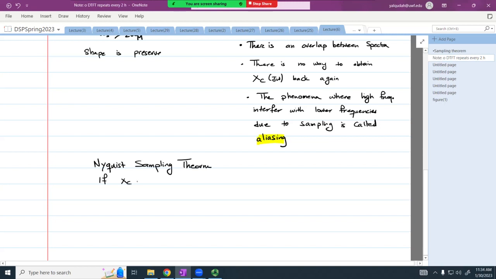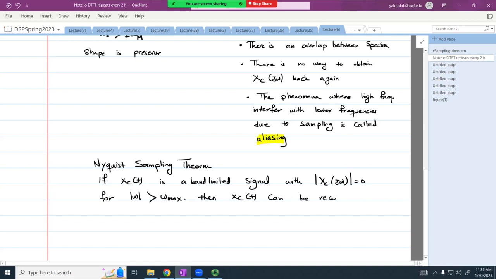That says if we have a signal x_c of t that is a band limited signal with x_c of j omega equal to 0 for omega greater than omega max, then x_c of t can be reconstructed from samples only if the sampling frequency omega s is greater than twice omega max.